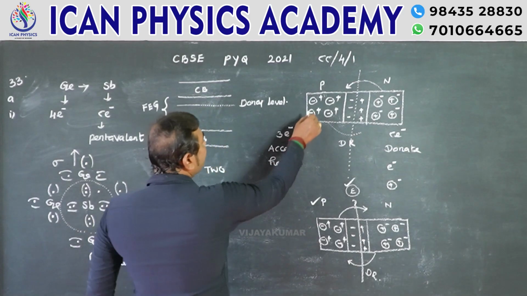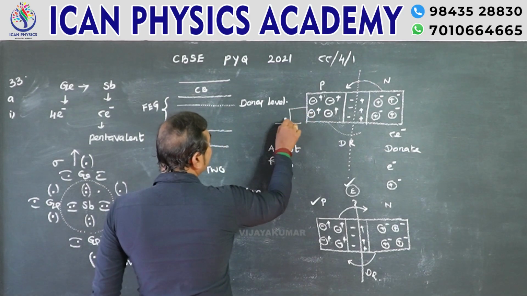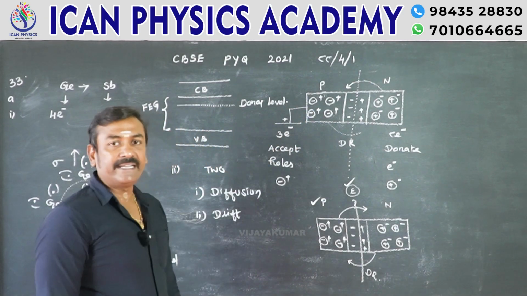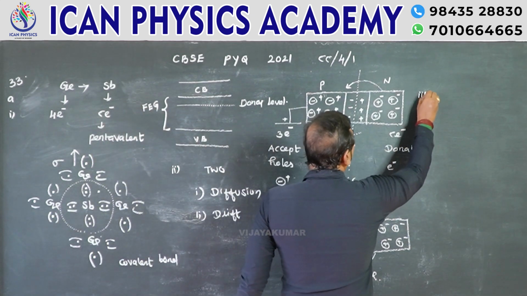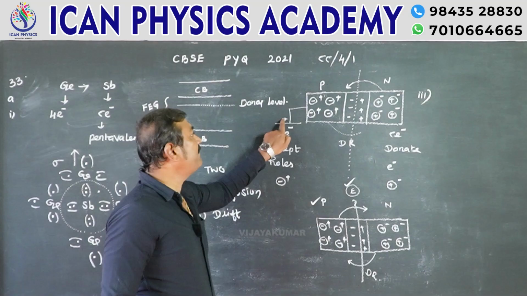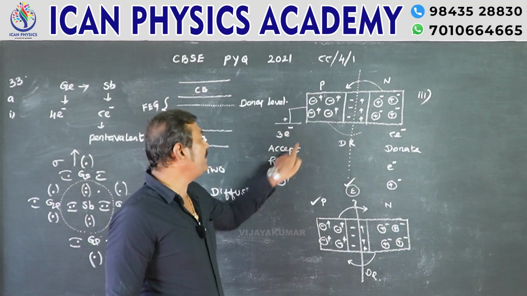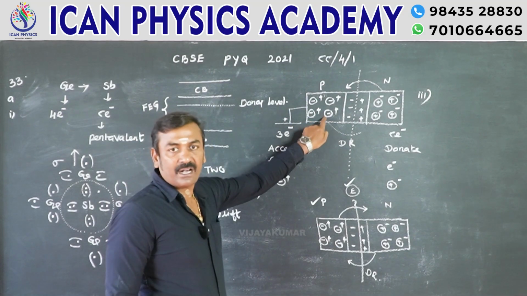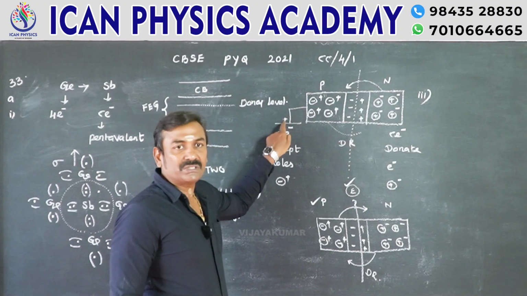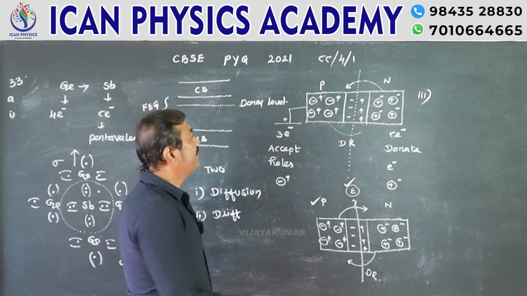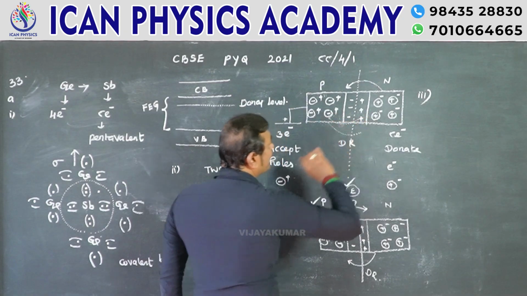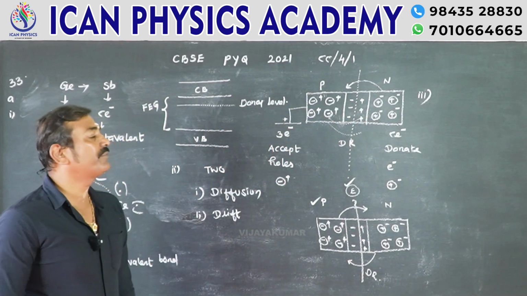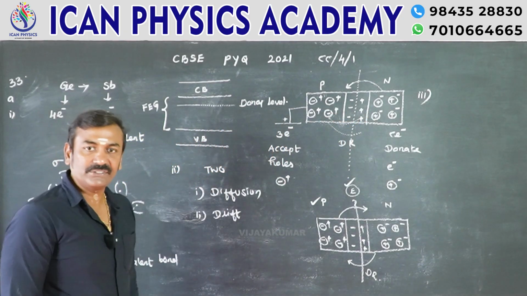When the P side is connected with the positive terminal, it is said to be forward bias. Here we have holes, which are also positive, so positive and positive repel each other. When the repulsive force increases, the holes from the P region cross the junction.